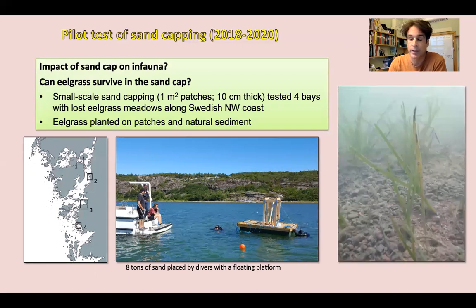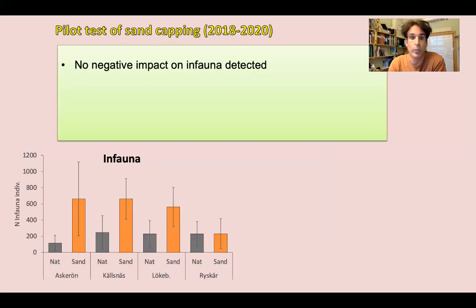Then we added some eelgrass shoots on the natural bed, but also on the sand caps. And we saw that there was no negative impact on the infauna. For example, there were actually more species and individuals in the sand cap compared to the mud conditions, so it actually improved the diversity in those places.